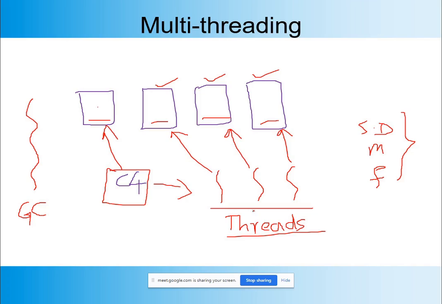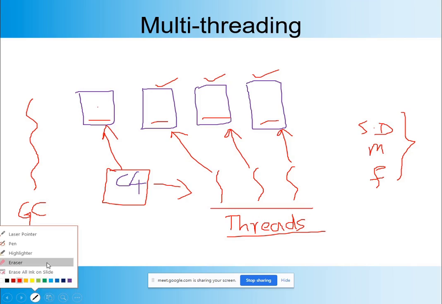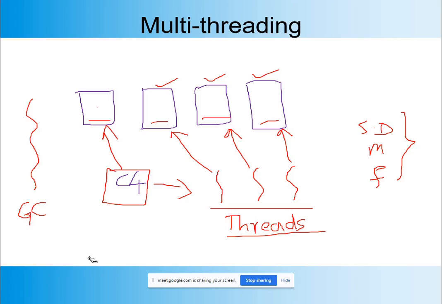I hope the difference between these 4 terms is clear: multi-programming, multiprocessing, multitasking, and multi-threading. Now we will see one Java program, wherein in one of the programs the approach is serial in nature.